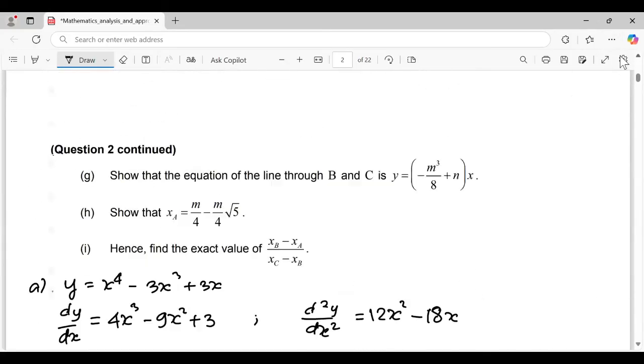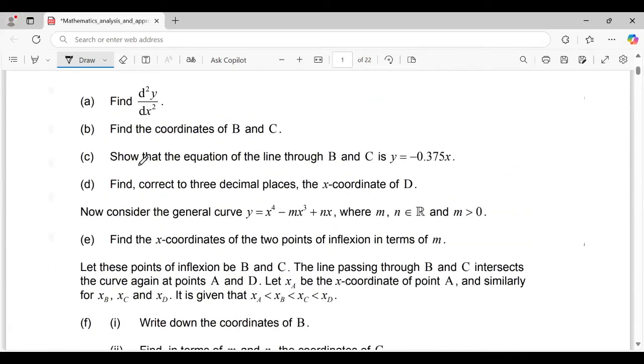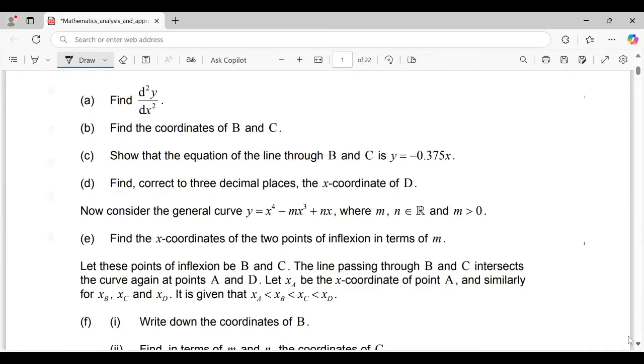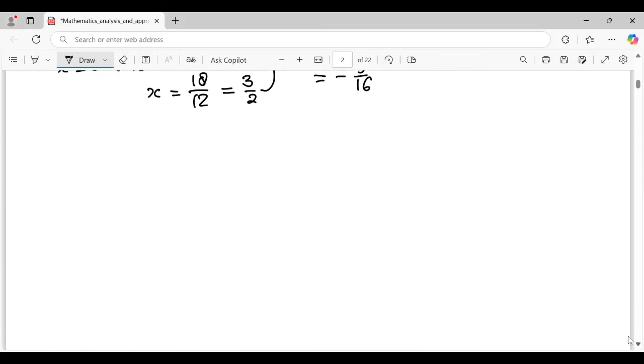Next, part C. Show that the equation of the line through B and C is y equals minus 0.375x. We're going to determine the gradient first.